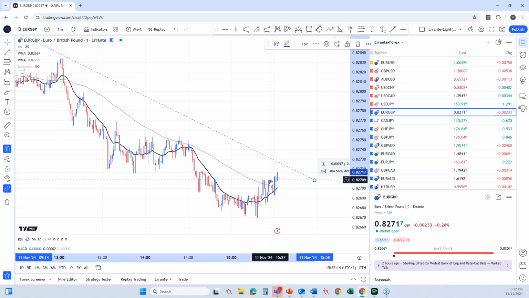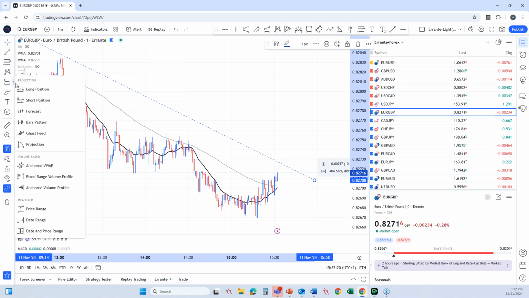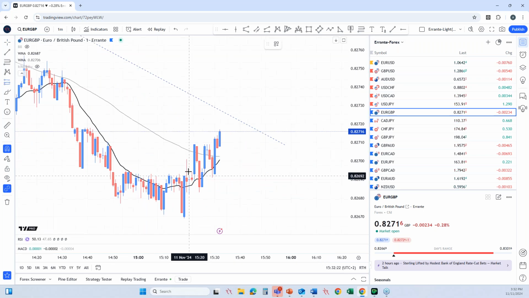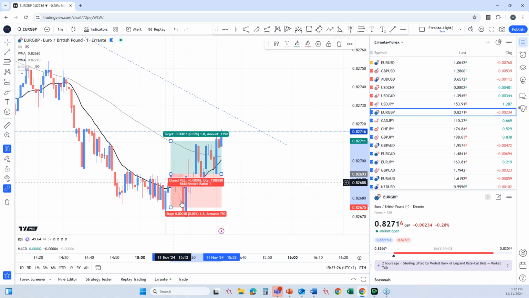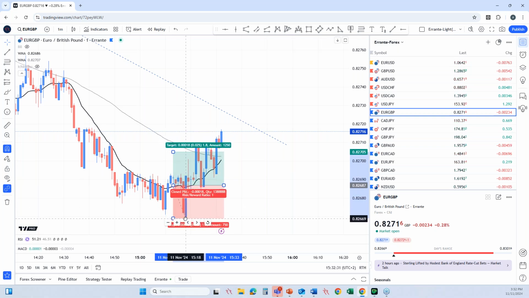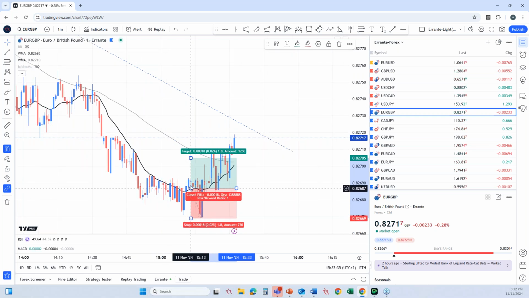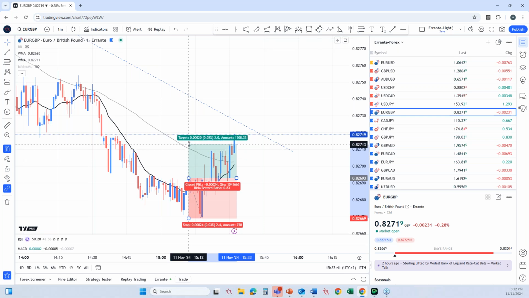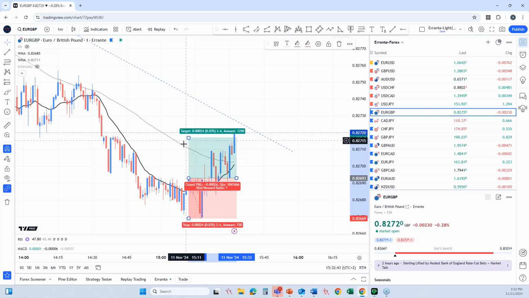And this is a very probable scenario here that we could go long, set our stop loss here at this last market bottom, and then we have our entry here, and then we were able to set a 1-to-1 reward to risk ratio.